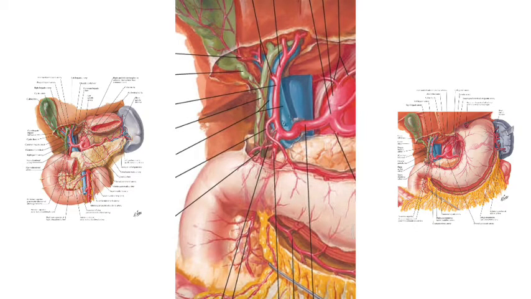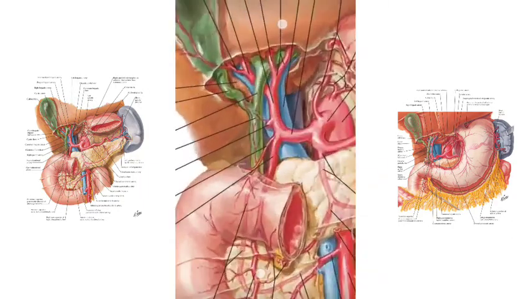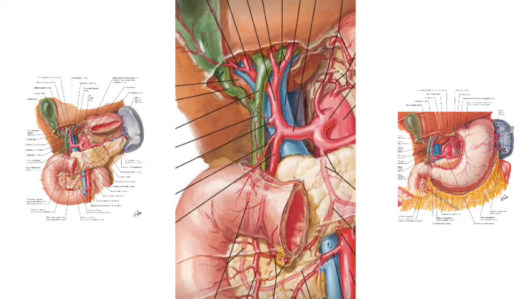That will be the gastroduodenal artery. Here we can see a bit more clearly. This is the gastroduodenal artery to the left of the common bile duct. In front, since it's the retroduodenal part, you will have the first part of the duodenum.